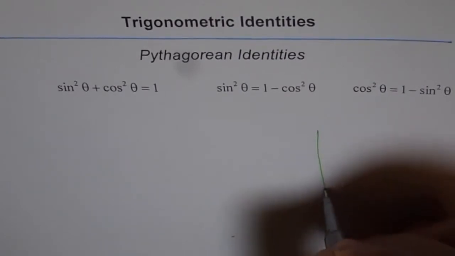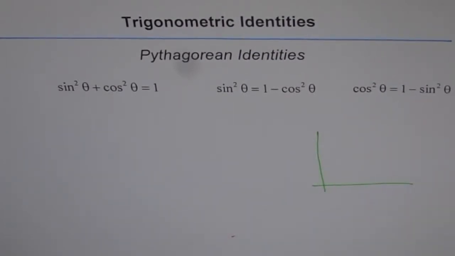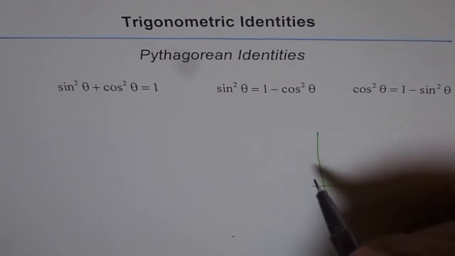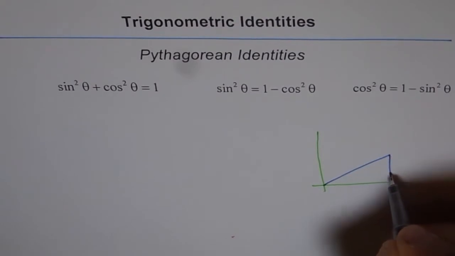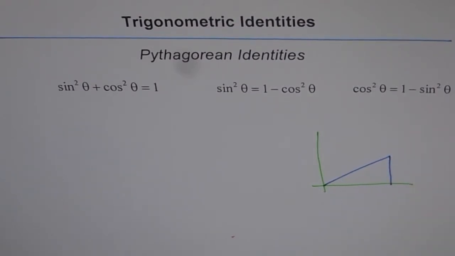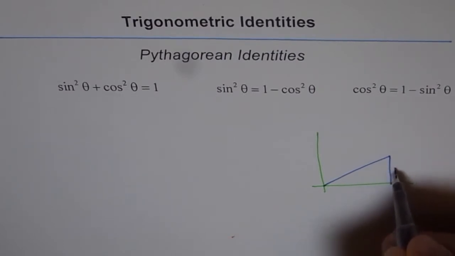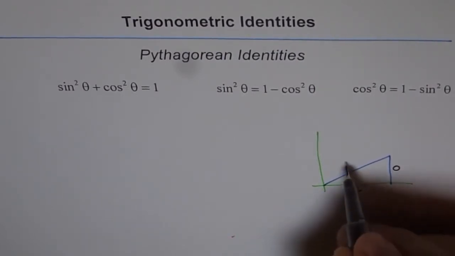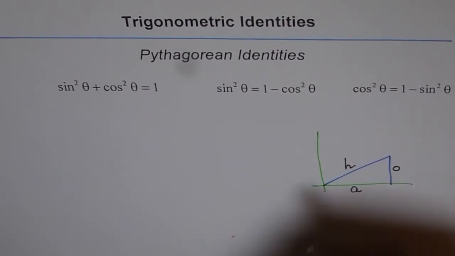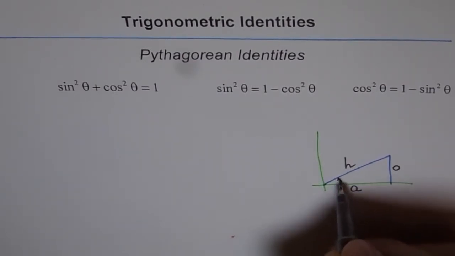So we will just consider one right triangle and then show you how from there we can prove this identity so easily. That's my right triangle, and in this, let's call this side the opposite side O, that the adjacent A, and the hypotenuse H, and this is my angle theta.